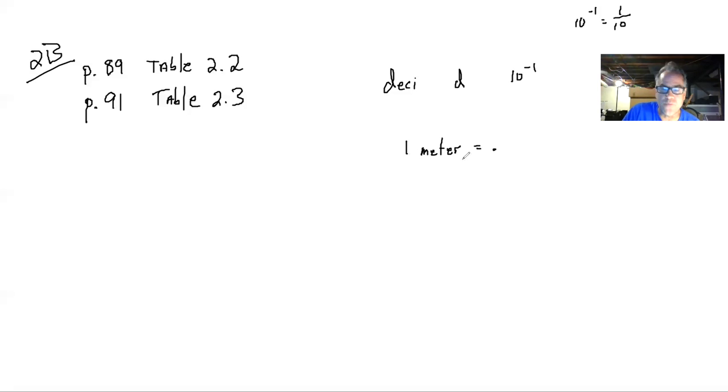Negative would indicate go that way, and that would be 0.1 decimeter. And it would work exactly the same way if we were dealing with not meters, but say liters, measuring liquid. Or if I was measuring a weight in grams, 1 gram would be 0.1 decigram.